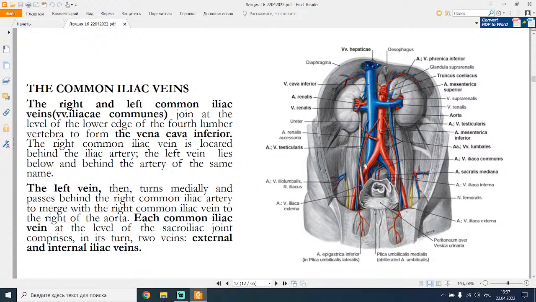The right common iliac vein is located behind the right iliac artery. The left vein lies below and behind the artery of the same name.